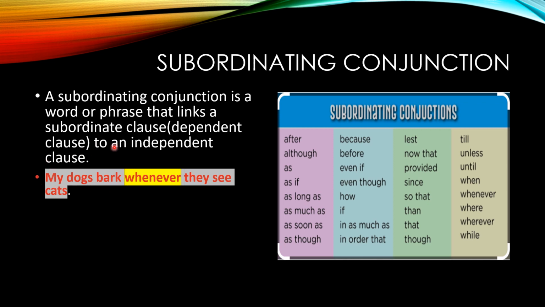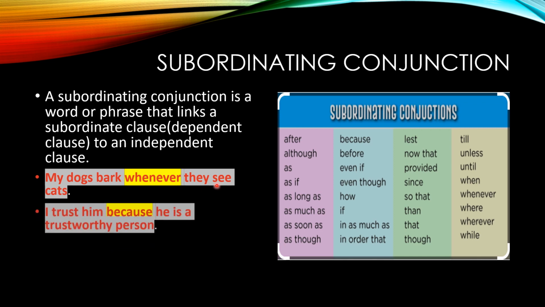So that's why whenever is known as a subordinating conjunction, which is joining these two groups of phrases or words. So let's talk about another example.